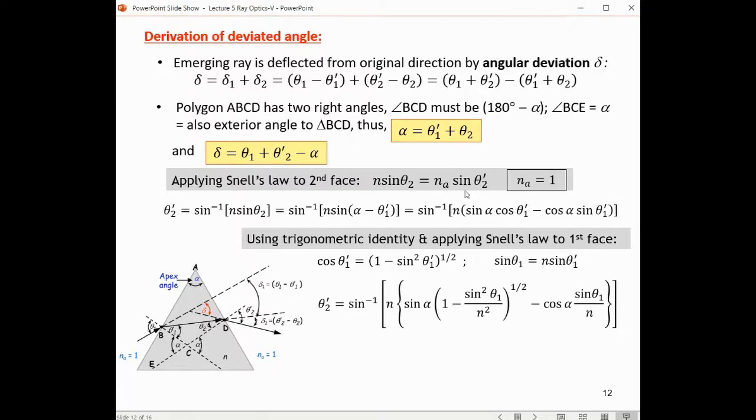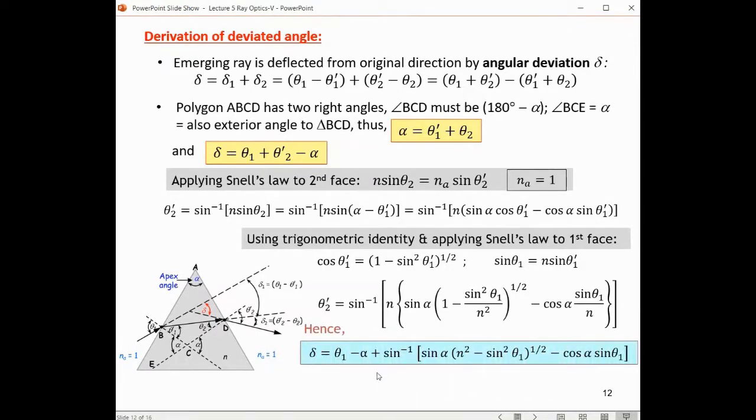So we go back to this expression here. That would be arc sine of, inside the bracket, sine alpha multiplied by root of 1 minus sine squared theta 1 divided by N squared, minus cosine alpha, and here we have sine theta 1 divided by N. Therefore, delta would then be theta 1 minus alpha plus this arc sine expression, which represents theta 2 prime.